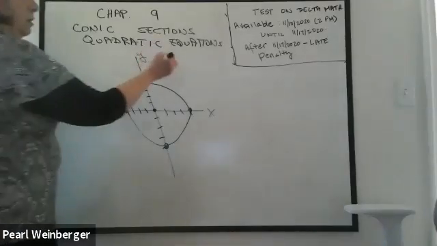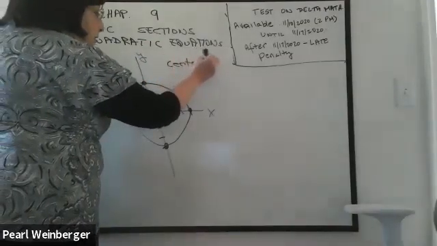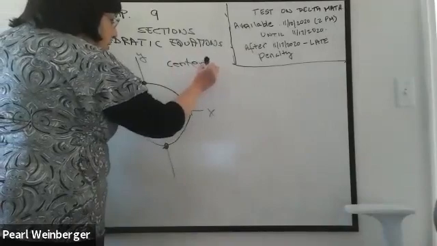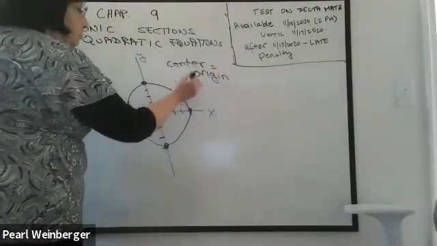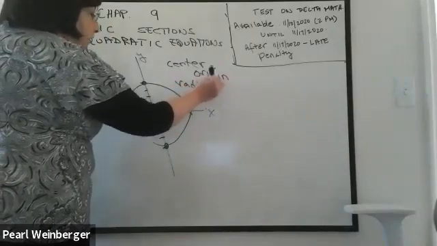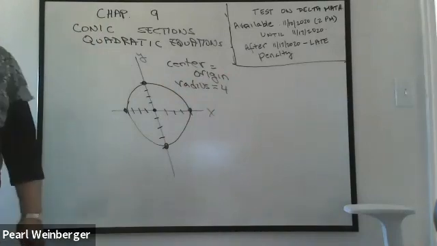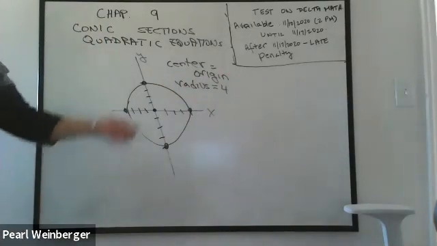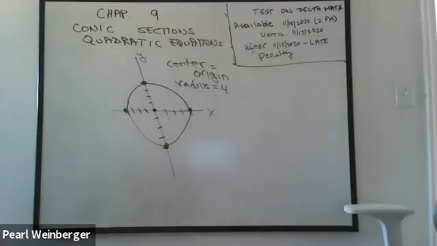The center of this circle is the origin. The radius of the circle I picked is 4. Those are the two important things that you're always going to need to know about a circle: where is its center and what is its radius?